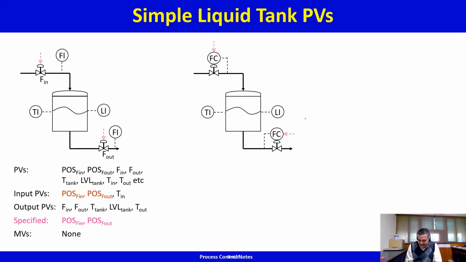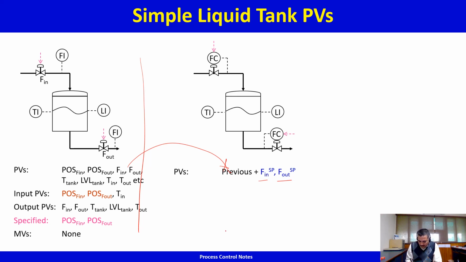So in this case, what are my process variables from the perspective of what the user is specifying? All previous process variables here, they go here, but then the user is now specifying Fin set point and Fout set point. So these are additional process variables specified by the user.